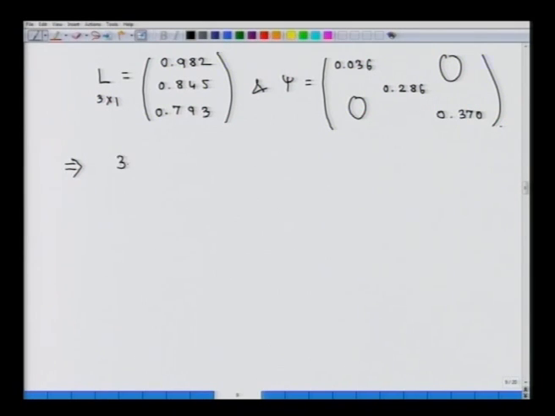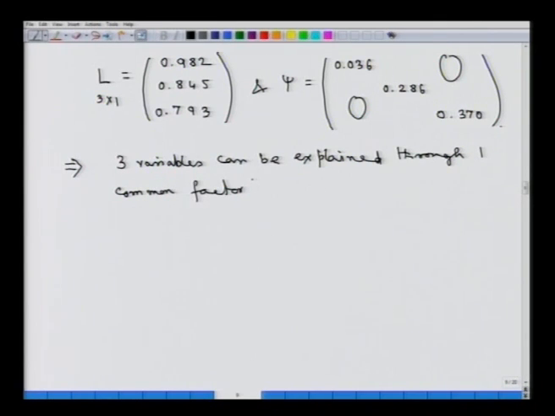So, this implies that the 3 variables can be explained through one common factor. Now, what is that common factor? If you look at it, that common factor may be interpreted as the general ability.